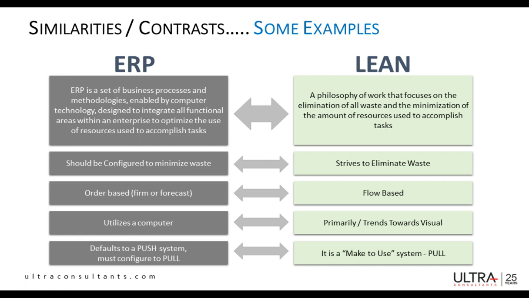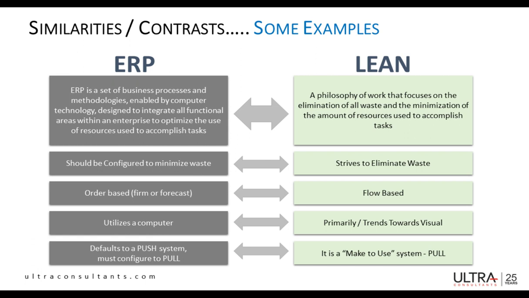On the left-hand side, if I drop down one, for ERP, you have to make certain that you configure it to minimize waste. The key during the design part of an ERP implementation is to understand what the best process designs are for my business. You don't necessarily need to use what ERP gives you out of the box, but you do need to think about what your best designs are, so it's important to understand your ideal future state.